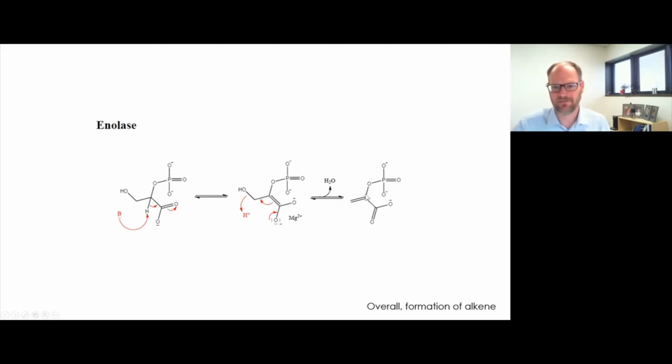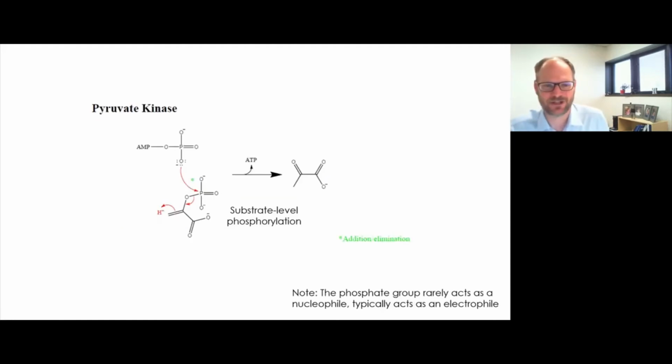It's both sterically hindered and planar around this position, and very happy to give away some free energy in the form of phosphate. And it does that in this final step, pyruvate kinase, where the phosphate again acts as a nucleophile attacking the phosphate, which ultimately goes through an addition-elimination step to this pyruvate.